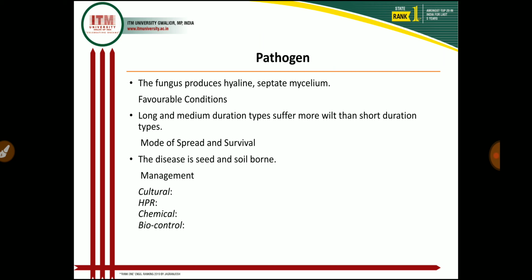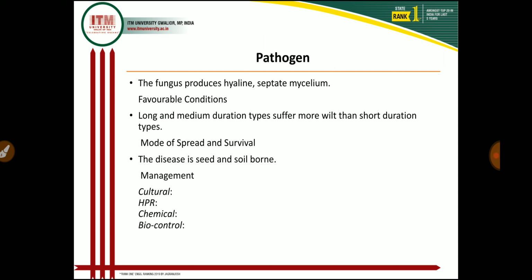Then in management practices, there are four types of management practices for controlling the wilt disease in the pigeon pea. First one is cultural, then host plant resistance, then chemical, and last biocontrol. In cultural management practices, if we follow long crop rotation with tobacco, sorghum or castor, then we control the disease.